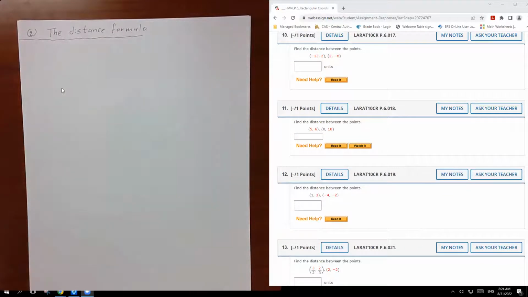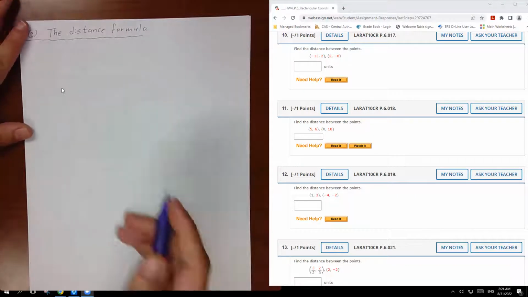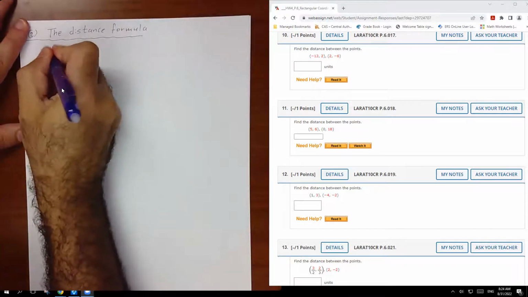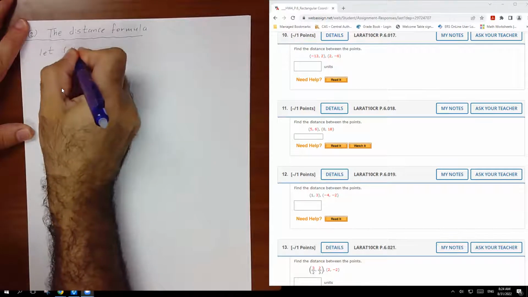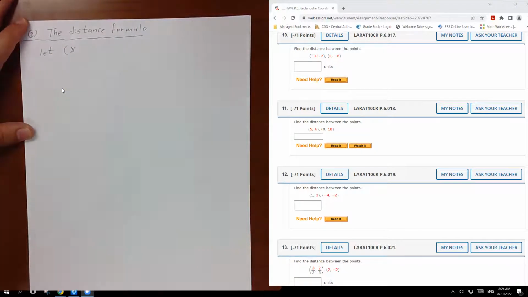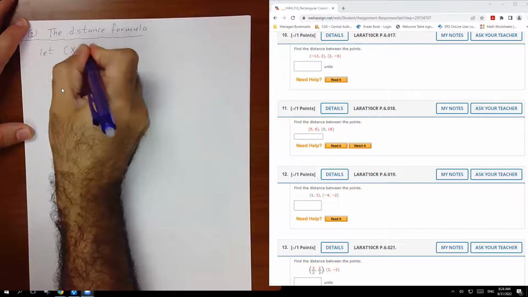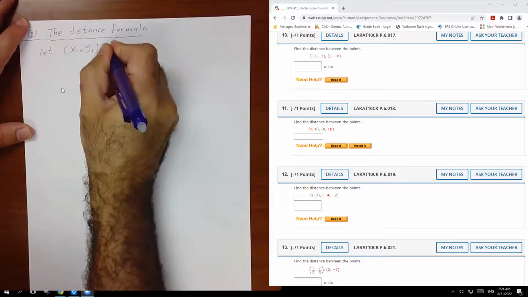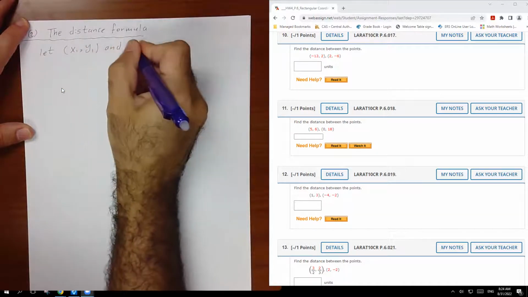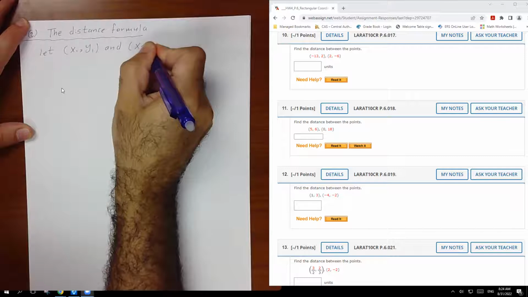So let's find the distance formula. If you have 2 points, let the first point be x1, y1, and the second point be x2, y2.